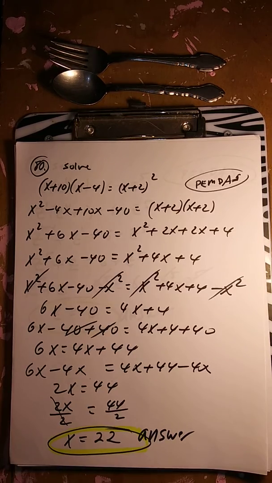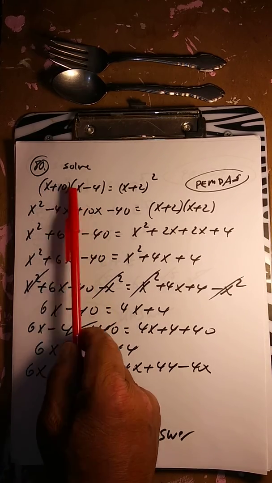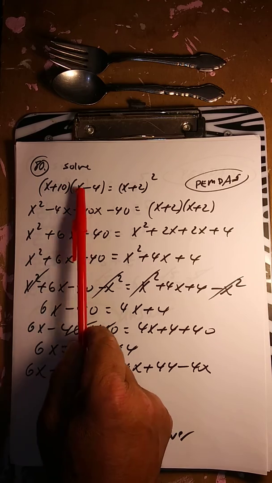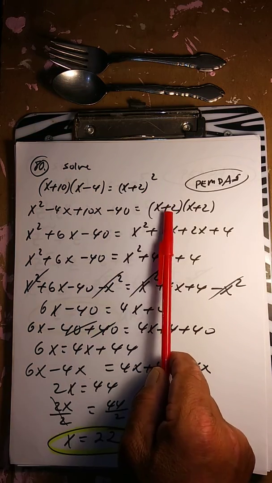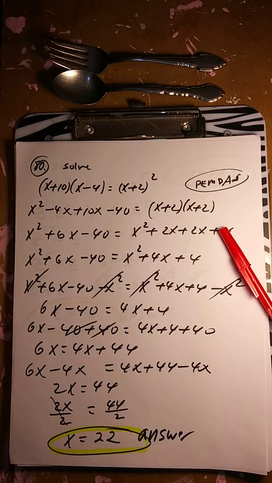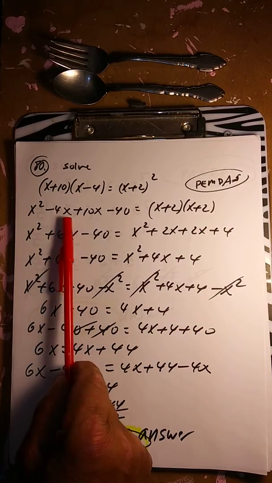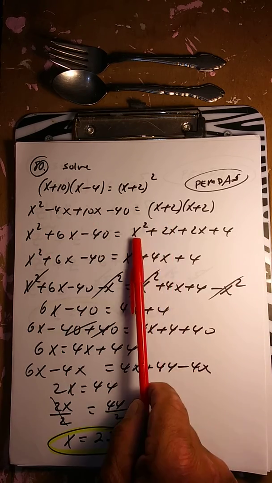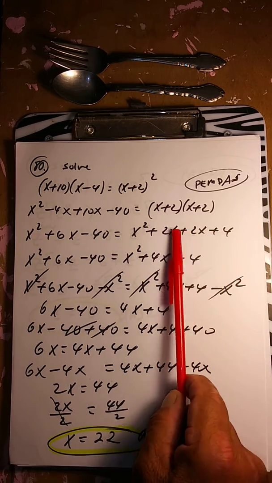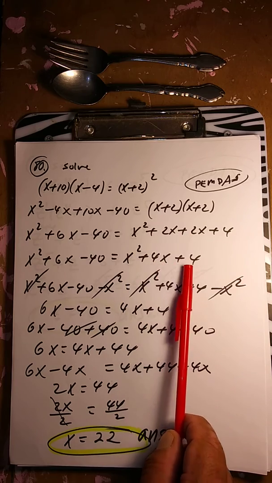I don't know what this is. We'll just solve it. Let's FOIL this out. So this would be x squared minus 4x plus 10x minus 40. This one, write it down twice. x plus 2, x plus 2. That's good right there. Now, this right here is going to be x squared plus 6x minus 40. x squared plus 2x plus 2x plus 4, which is going to be x squared plus 4x plus 4.